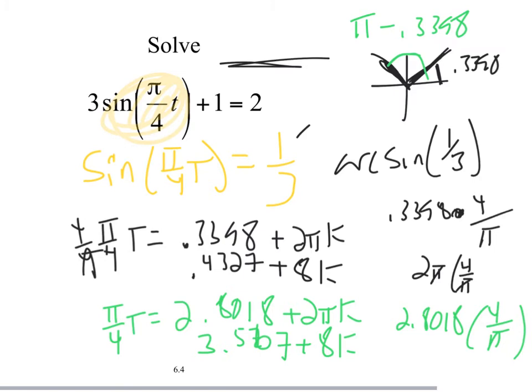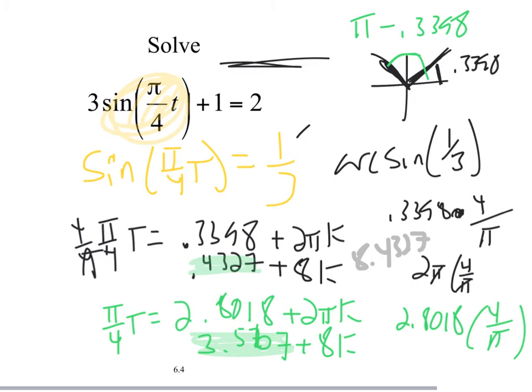Now, if they wanted me to find 4 answers or 3 answers, I would take this answer. The first answer would be this one. Second answer would be this. The third answer would be the 0.4327 plus 8, so 8.4327.